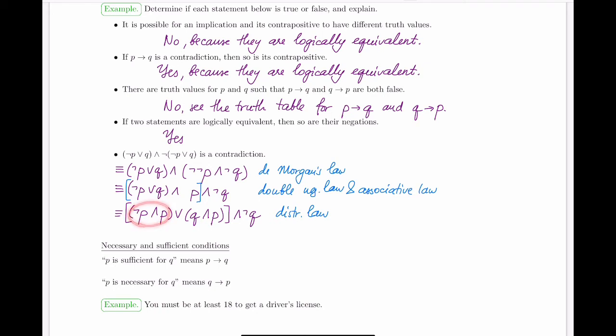I have not P and P, which I know is going to be false, and I'm going to leave it up to you to find the law that actually claims that that is the case. There's also another law that says that false or something is going to be just that something. So now I have that my entire square bracket reduces to just this one expression here, Q and P. And I have the not Q from outside of the square brackets.